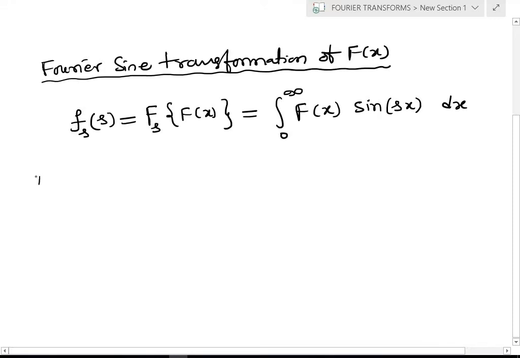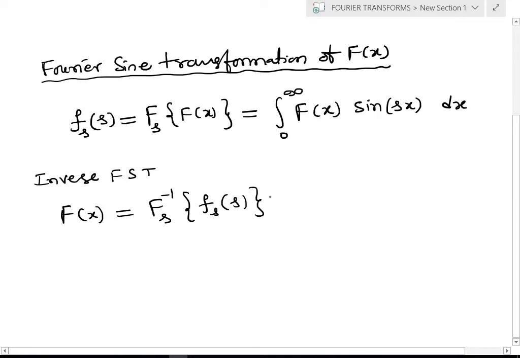The inverse sine transformation of F s, which gives back f of x, is equal to the multiplication factor 2 by pi, times the integral from 0 to infinity of F s times sine of s x, ds.